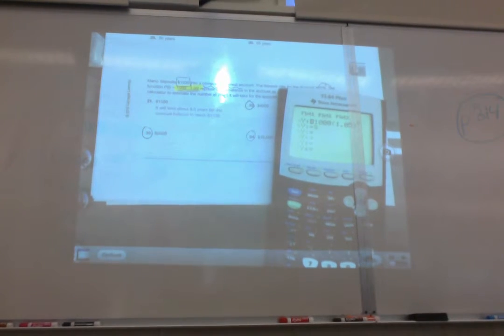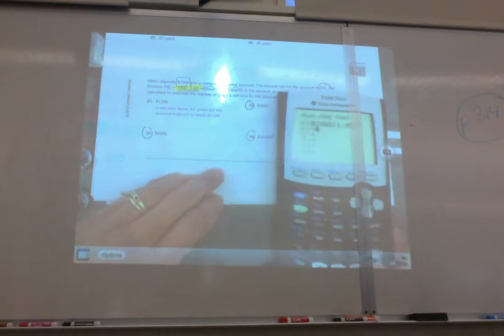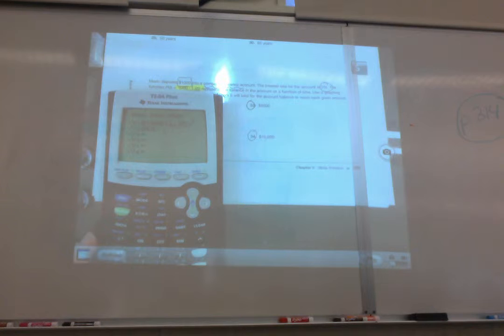Okay, so these two tables. What do you get for 4,000? Second calc, intersect. Waiting for mine to think about it. Enter 3 times.